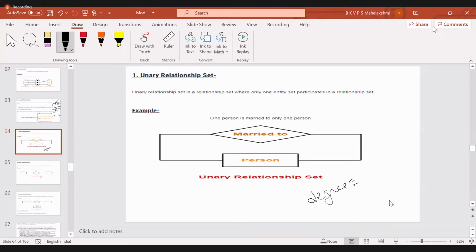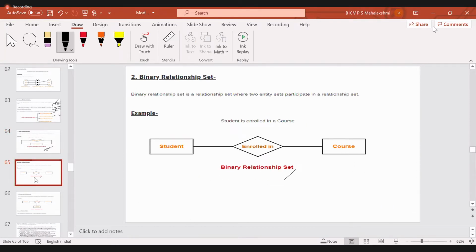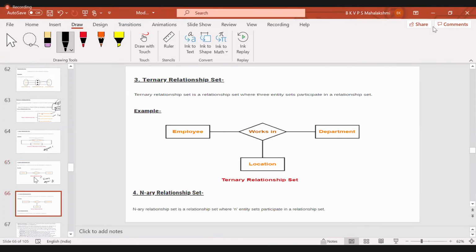One, ma'am. For this, is this binary or unary? Binary. Binary means, so what is the degree? 2. Degree is 2. Okay, next one.